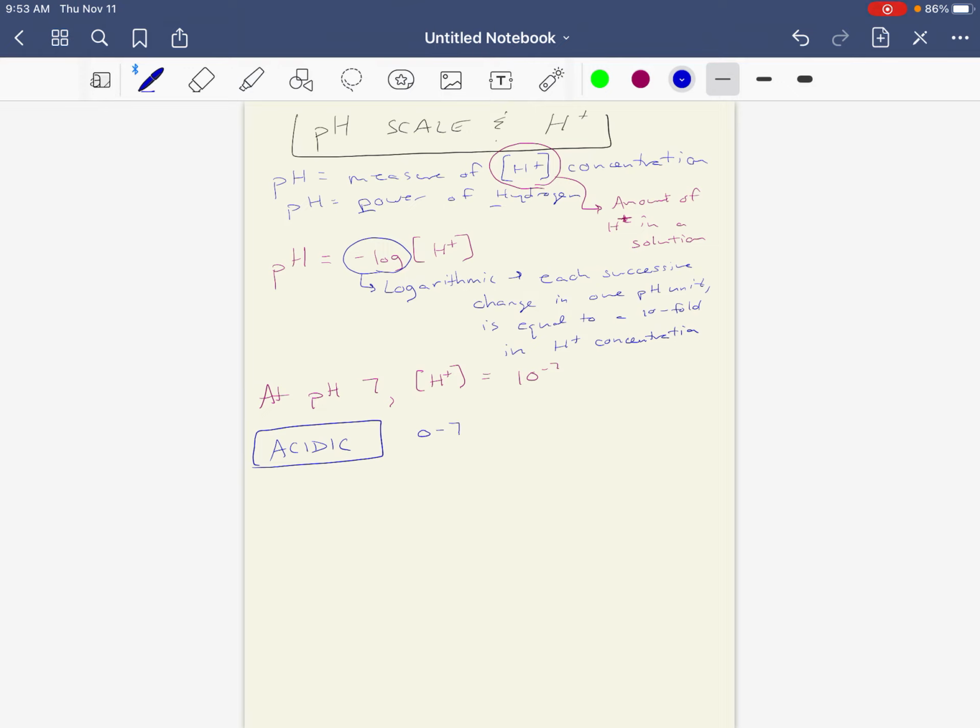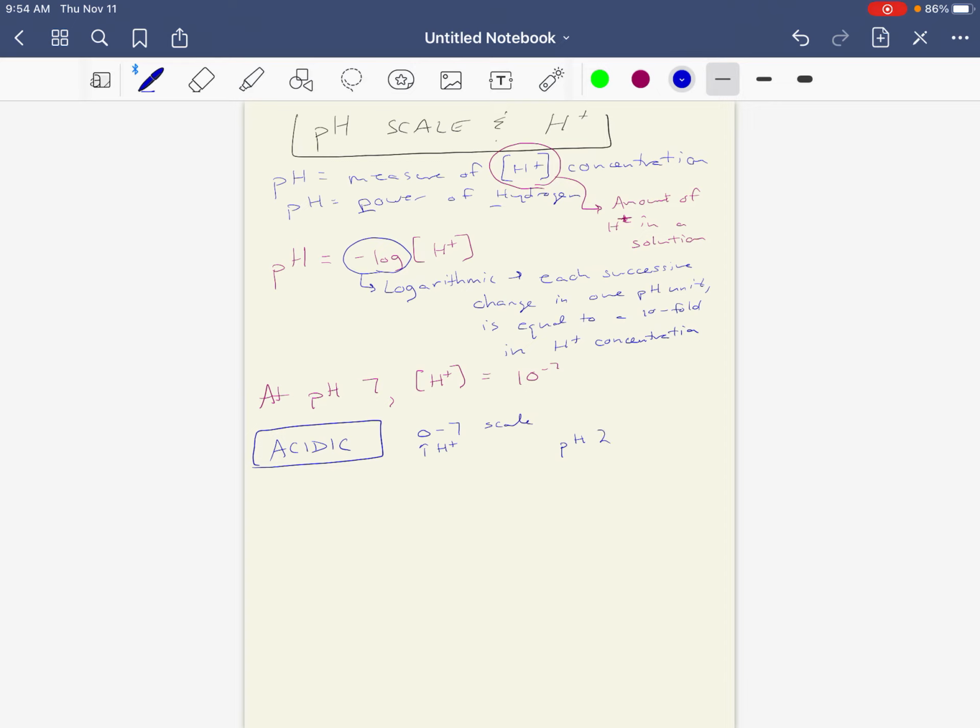So let's give an example of acidic. We know that when something is acidic, it is represented at the lower end of the pH scale, and that solution contains a lot of hydrogen ions.